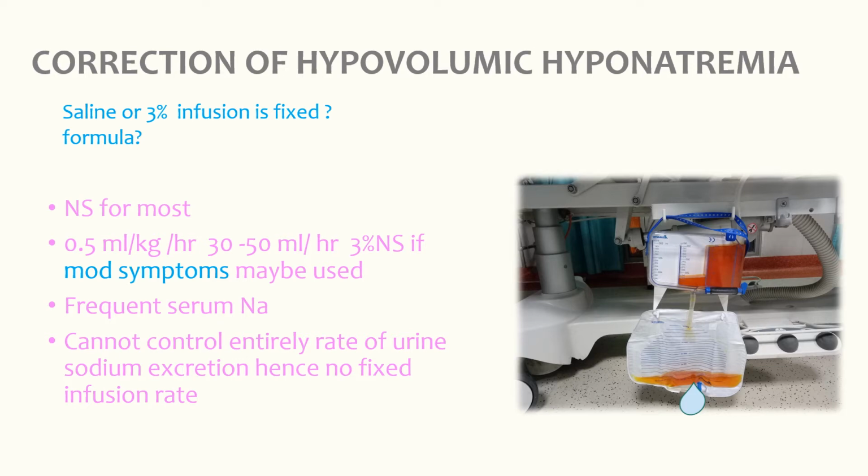So the sodium jumps, and this can happen rather randomly. So you have to monitor with frequent serum sodium and adjust your infusion rates. And sometimes you may use 3% saline in these patients if they are having moderate symptoms, at the rate which I have written. So there is no fixed infusion rate. This is an arbitrary number to start with, and saline can be started at around 100 ml per hour.